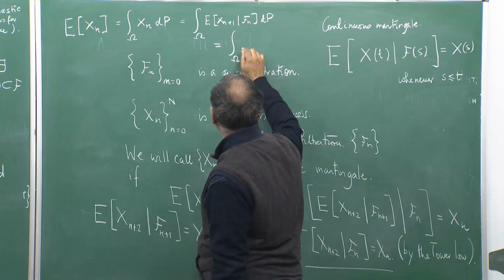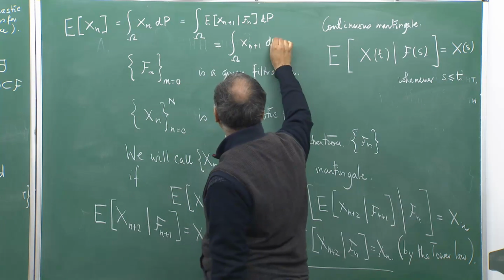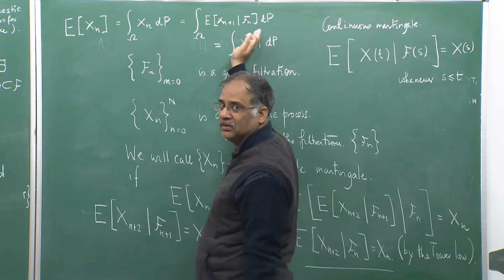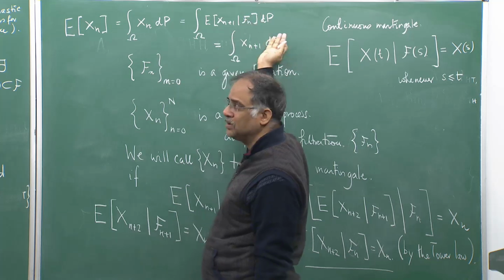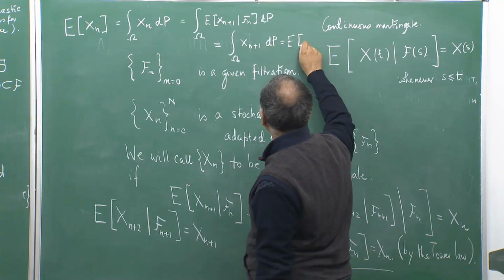And this one is nothing but xn plus 1 dP. This is the definition of conditional expectation for the general sigma algebra. This is called the partial averaging, and this is nothing but expectation of xn plus 1.